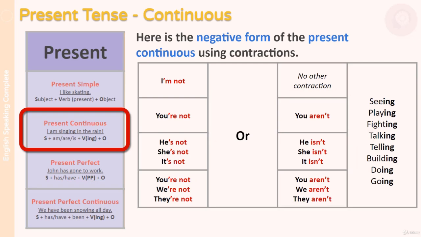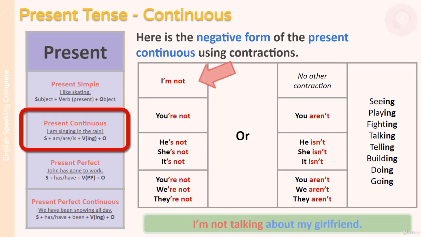So on the left, we have the contraction between the pronoun and our auxiliary verb, am, are, and is. And on the right, we have our contraction between our auxiliary verb, the helping verb, are and is, with not. Are not, aren't. Is not, isn't. So definitely worth spending some time looking at this table.